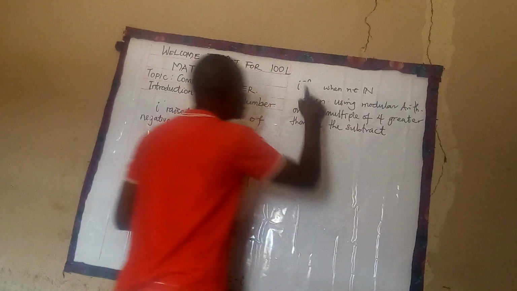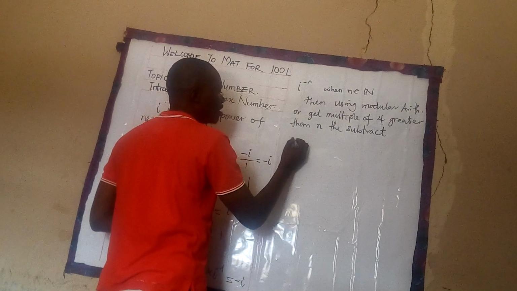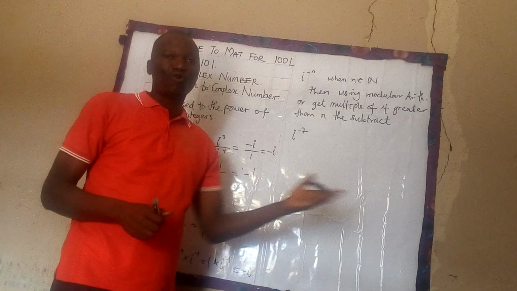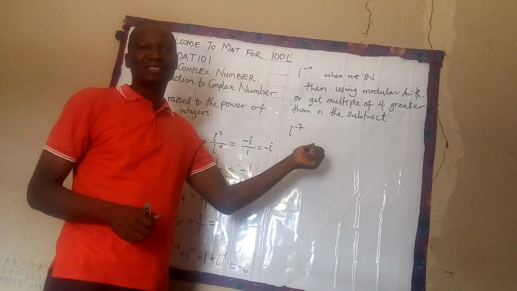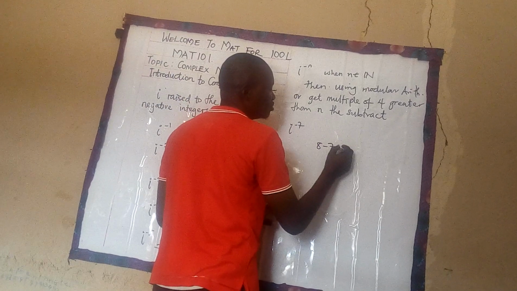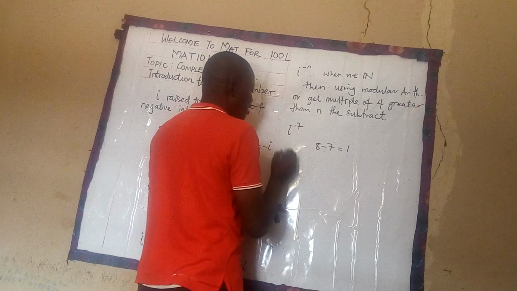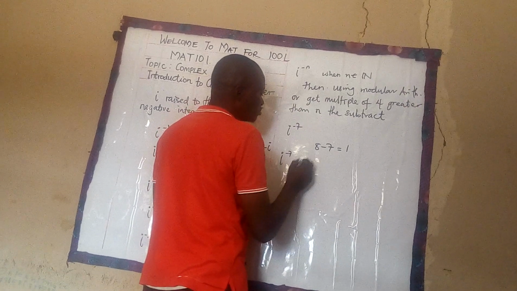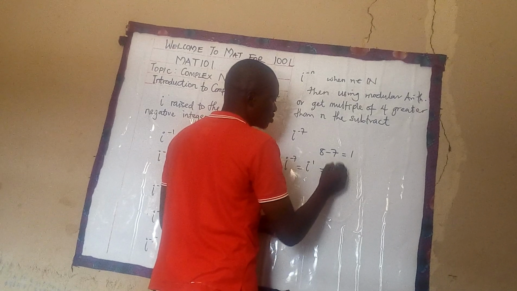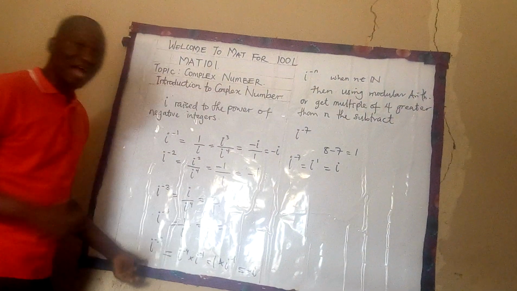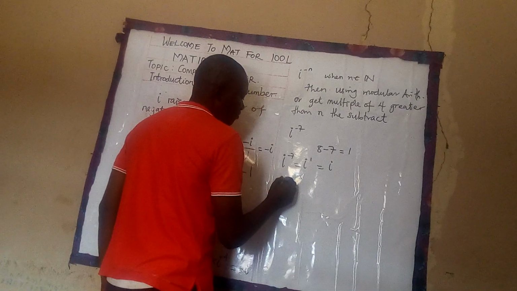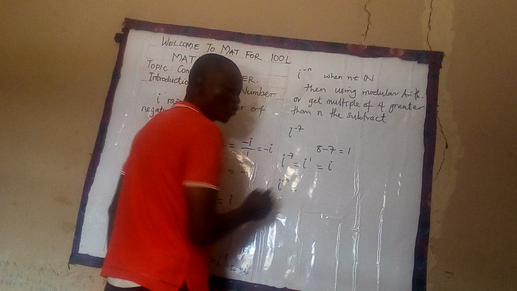So what I mean by this is, if I have i raised to the power of negative 7, I will get the multiple of 4 that is greater than 7, which is 8. Then 8 minus 7 is equal to 1. Then i raised to the power of negative 7 is the same thing as i raised to the power of 1, and i raised to the power of 1 is equal to i. You can also try it with negative 5.